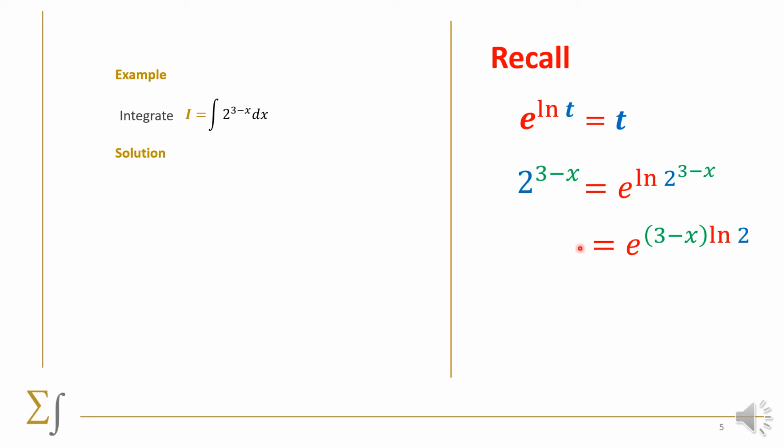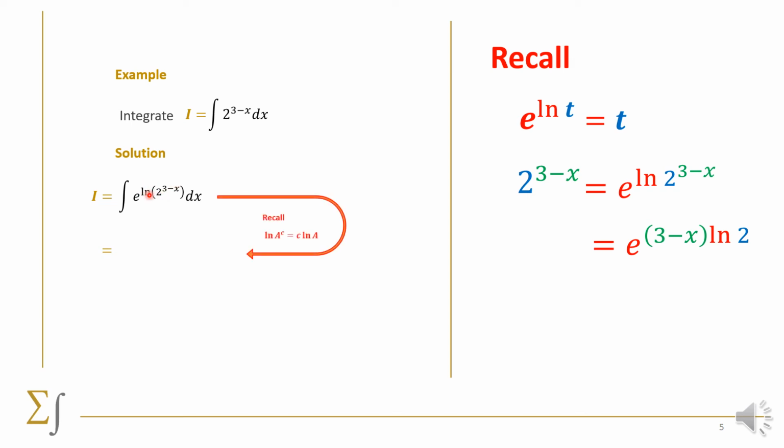Now, let's see how we can have this in our integral. So I equals the integral of, instead of 2 power 3 minus x as I said here, I will replace it with e power ln 2 power 3 minus x. And again, I will do the same thing I said about bringing the exponent down here.